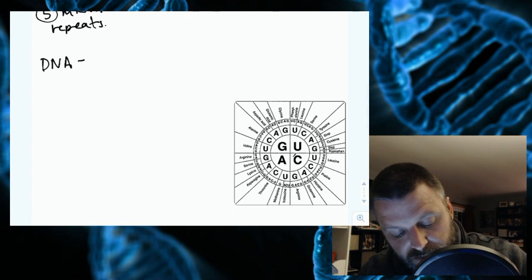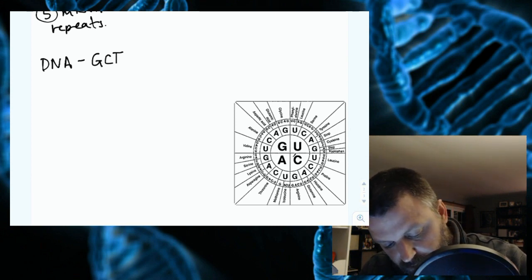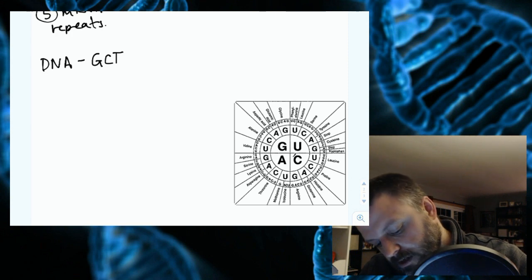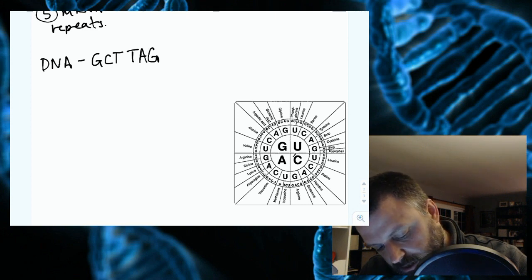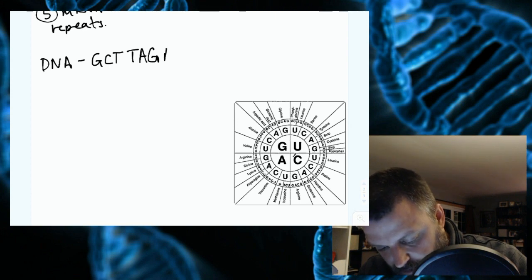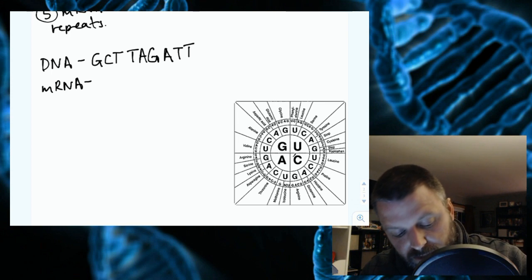If I give you a sequence of DNA, let's say my sequence of DNA is G, C, T, and then my next sequence is, let's say, T, A, G, and then A, T, T. Okay, so what you're going to do then is you're going to end up doing transcription to get the mRNA.